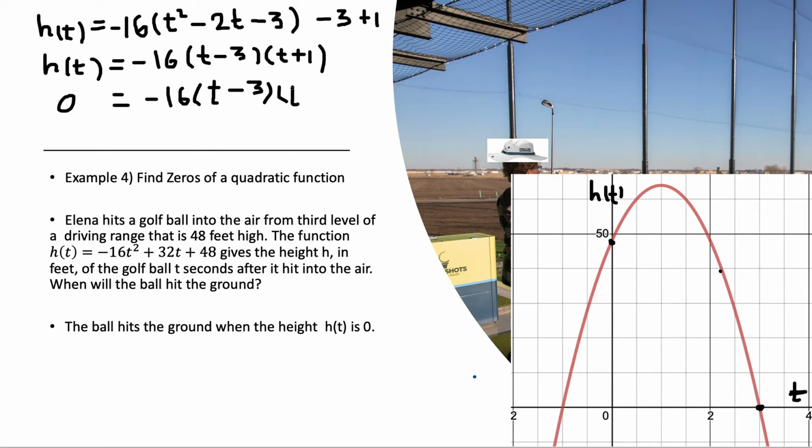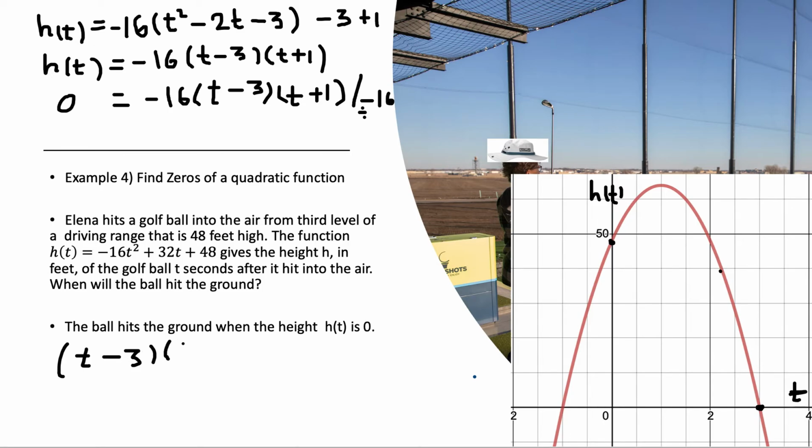If we divide the whole quadratic equation in factor form by negative 16, then this equation is going to be t minus 3 times t plus 1 equal to 0.